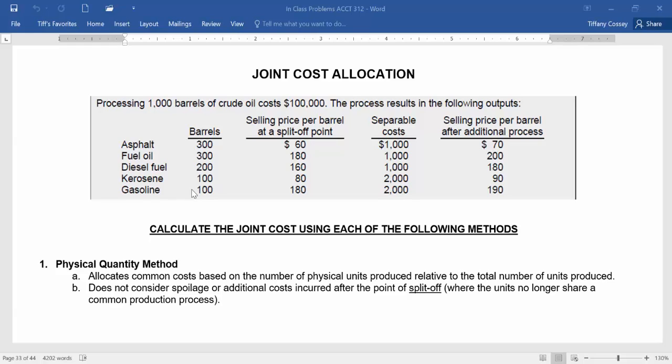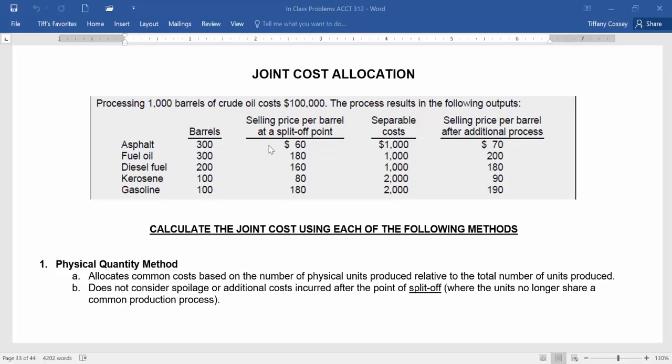And so what we're going to do is take the costs associated with those barrels of oil and split them off based on the ratio of barrels used for the particular product to the total number of barrels used. One other thing that you need to know about this method before we go into an Excel spreadsheet and calculate it is that spoilage is never considered.